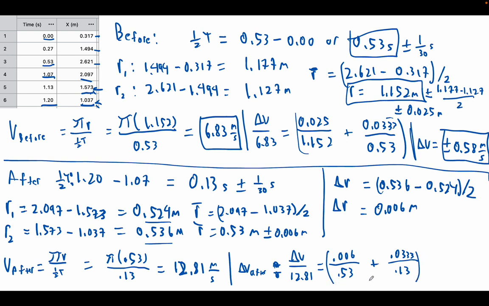I'm taking the raw number, 12.80803 or something like that, times the left parenthesis, 0.006 divided by 0.53 plus 0.033, a bunch of threes, divided by 0.13, right parenthesis, which is 3.43. So our delta V is 3.43 meters per second.